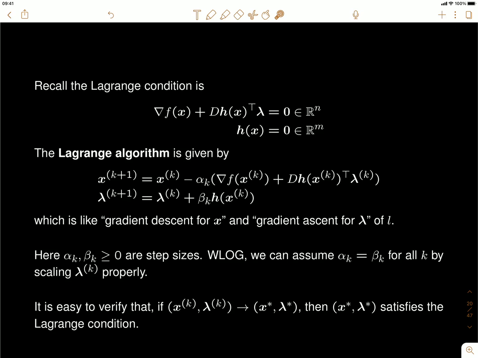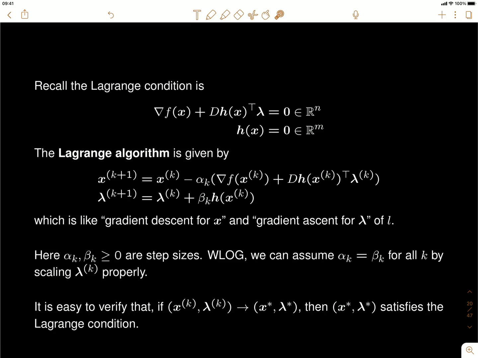What we can tell is so-called local convergence, meaning that if we start with some point x naught, lambda naught close to a Lagrange point, then this algorithm is guaranteed to converge, provided that the step size is chosen sufficiently small.